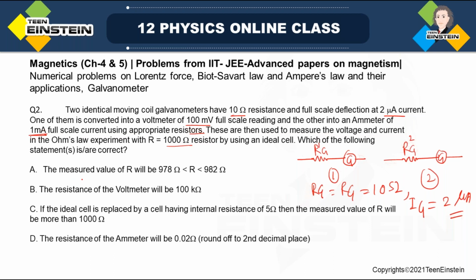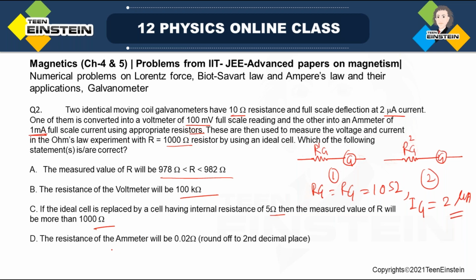The first option is the measured value of resistance will be between 978 ohm and 982 ohm. Okay, we'll see these options. The resistance of the voltmeter will be 100 kilo ohm. Okay, then option C says if the ideal cell is replaced by a cell having internal resistance 5 ohm, then the measured value of R will be more than 1000 ohm.